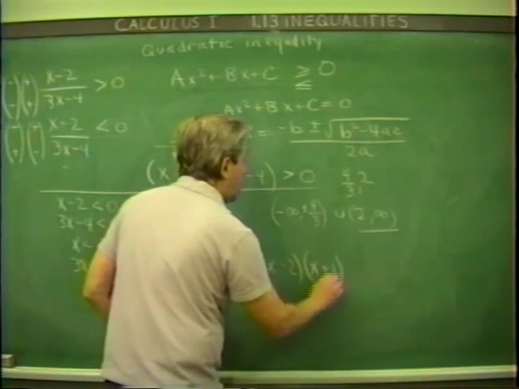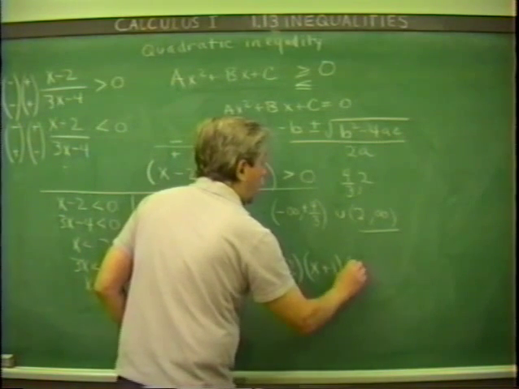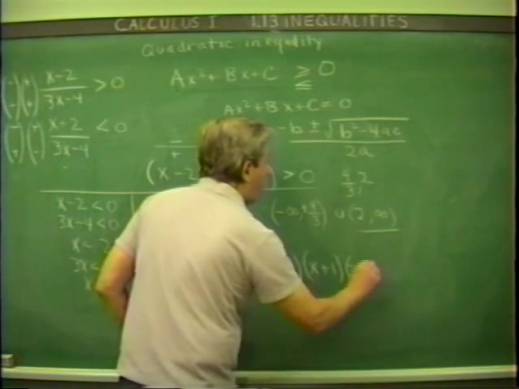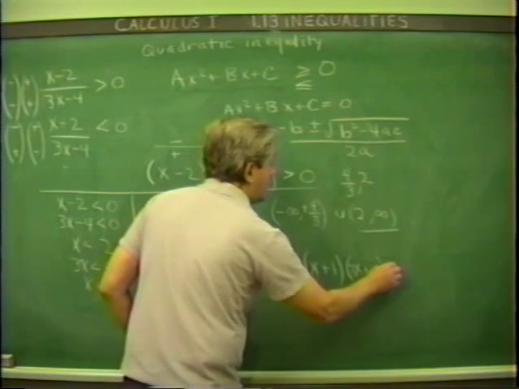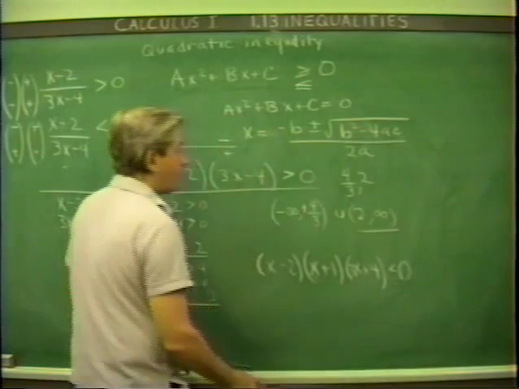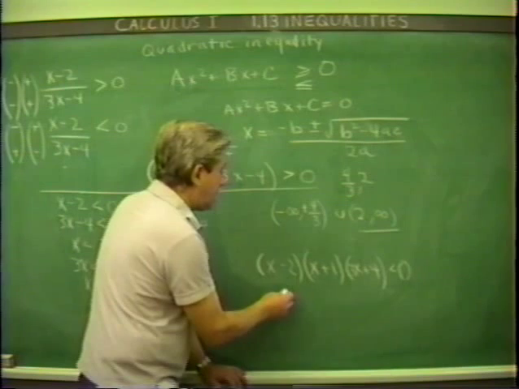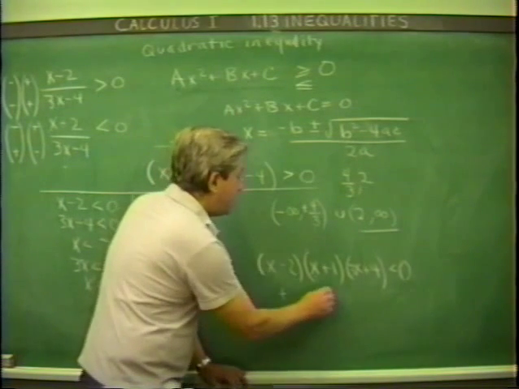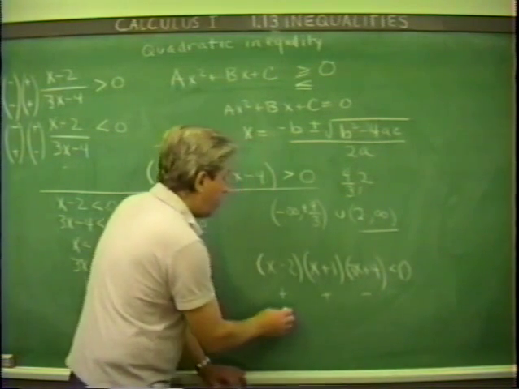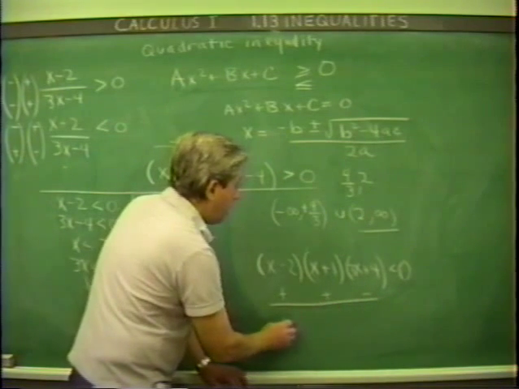More complicated quotients could be considered in the same way, likewise with more complicated products. For example, if we had x minus 2 times x plus 1 times 3x plus 4, and we wanted to know when, let's say, this was less than 0, there are several possibilities.